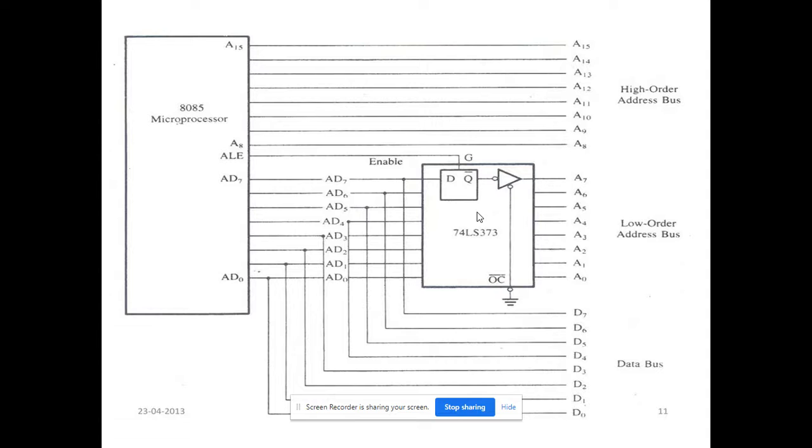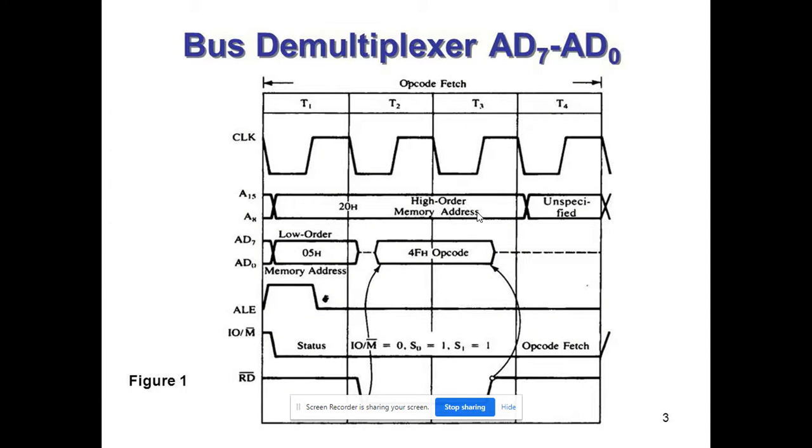But before we demultiplex the data and address lines, first we have to understand the need for demultiplexing. For that, we look at the timing diagram of the opcode fetch cycle of the microprocessor. The first operation of any instruction is always the opcode fetch, in which the opcode of the instruction is read from the memory.